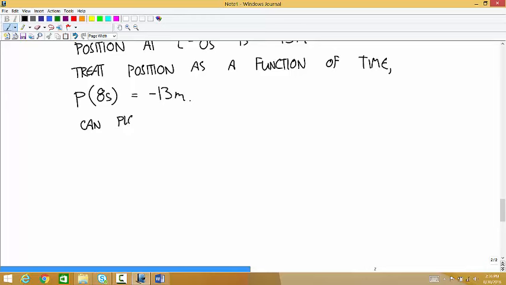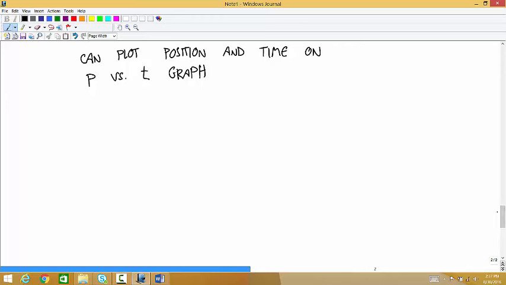You can plot position and time on a position versus time graph. So I'll call it a P versus T graph. We're always going to do it with position on the vertical axis and time on the horizontal axis.